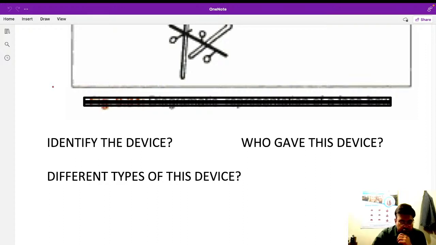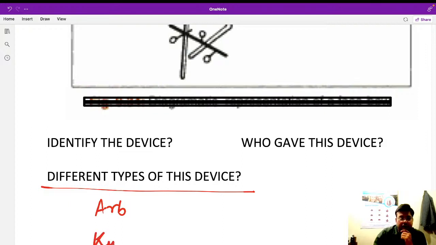Jon Snow, absolutely. And what are the different types of this device? Different types of this device: arbitrary and kinematic.